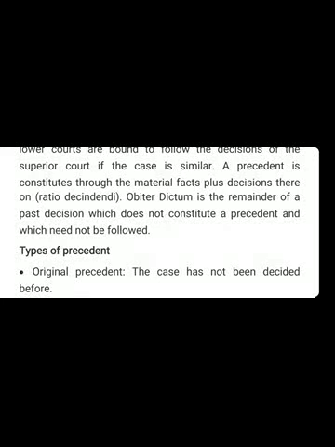Now, what is obiter dictum? It is an expression of a judge's opinion uttered in court or written in a document, that is obiter dictum or obiter dicta.